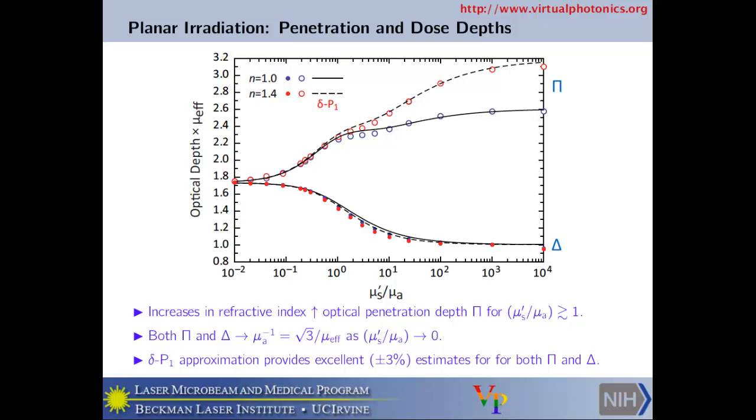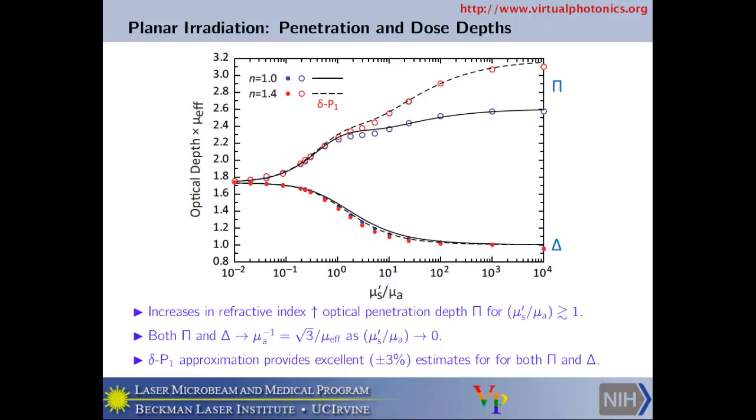It still has a collimated term to deal with the forward directed propagated light, and still has this constant plus a cosine theta term to deal with the diffuse light. And here, the diffuse light has a more complicated variation than just an isotropic term plus a cosine theta term. There's other stuff going on that delta P1 can't accommodate.